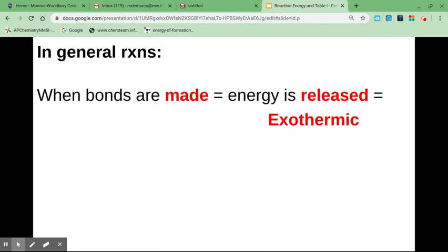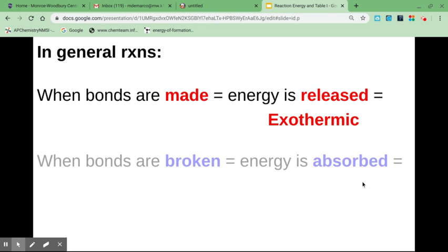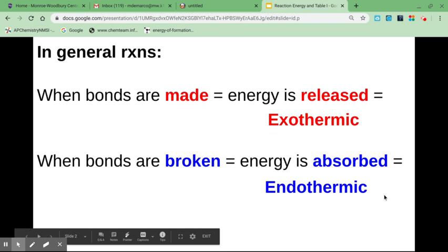So when a bond is made, energy is released, and it's called an exothermic reaction. Again, things that we already know. In general, when bonds are broken, energy is absorbed. So if I need to break a bond, I must apply energy to separate the two things out, and that will make it an endothermic reaction.